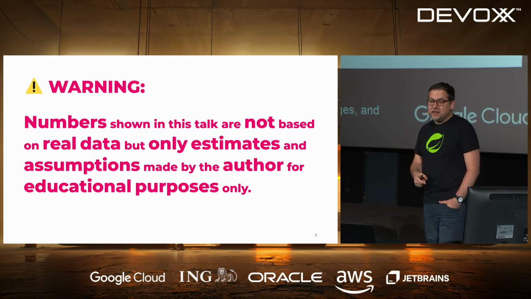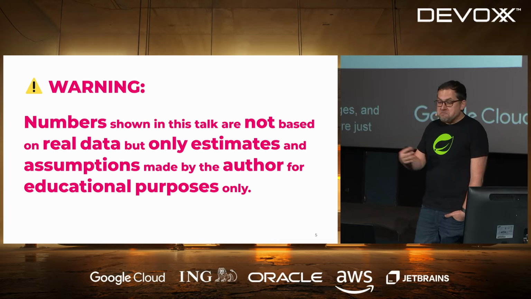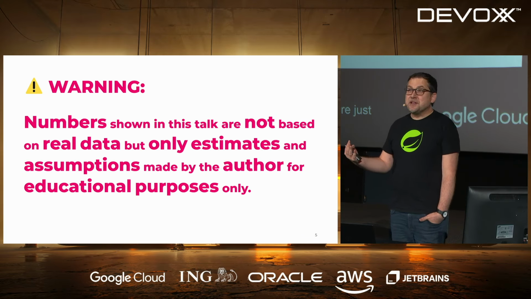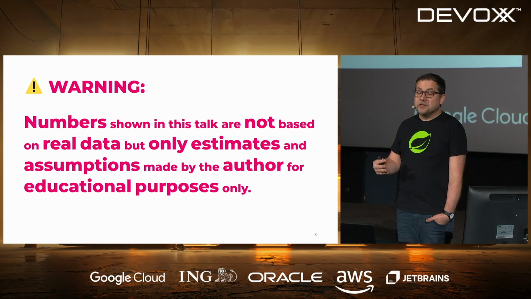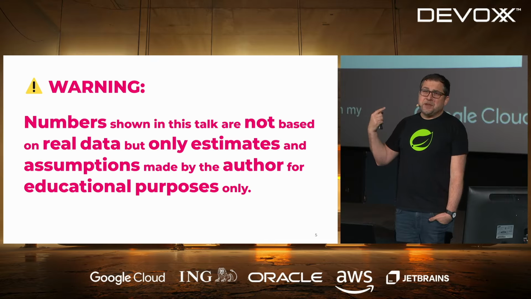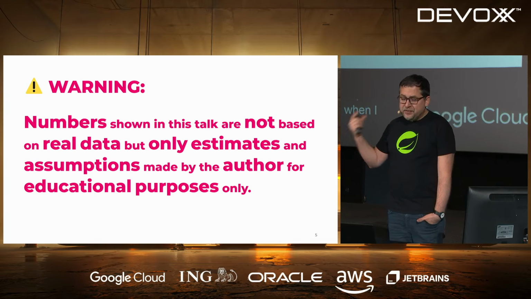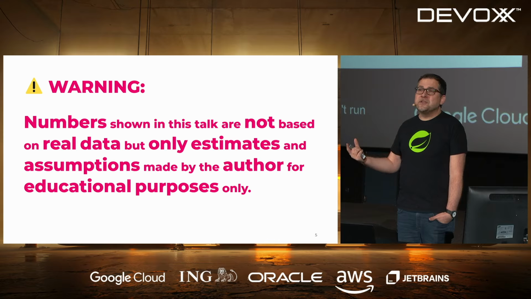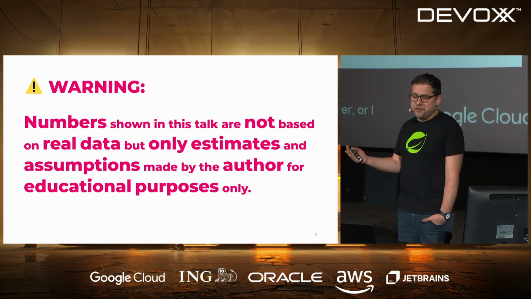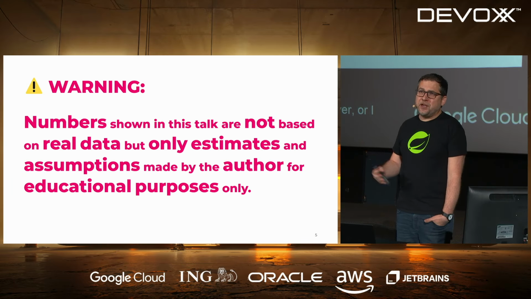That's why I'm saying the numbers are just estimates or assumptions, because some numbers might look strange. They even look strange to me. In some cases I would expect optimizations to go in a certain direction, and they really should, but then my numbers show something different. The thing is, I can't run that 1,000 times per optimization, because it would take forever, or I would need many servers, and I just do not have the time.